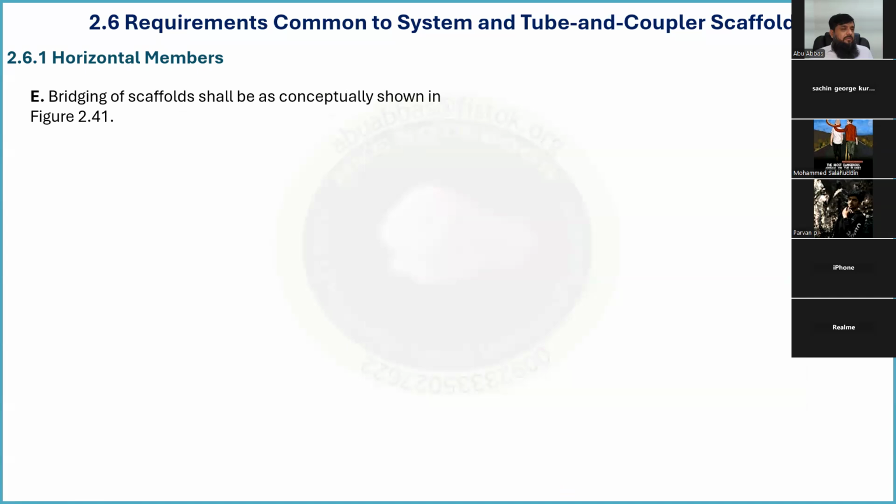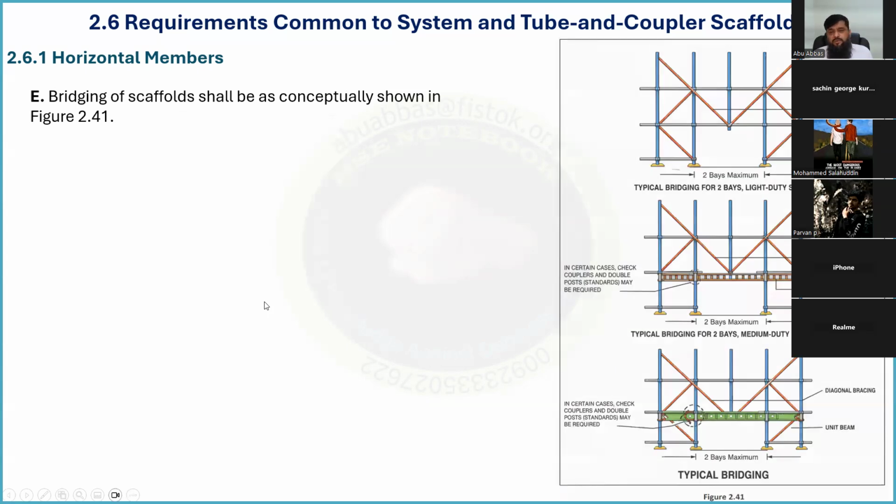Bridging, okay. The gap between scaffolds shall be as conceptually shown in figure 2.4.1. Conceptually means, again, in such situations mostly we expect that the scaffold is special, that there will be design and so on. But anyhow, the typical normal gap, if we have to give a typical bridge for a 2-bay light duty scaffold, okay.